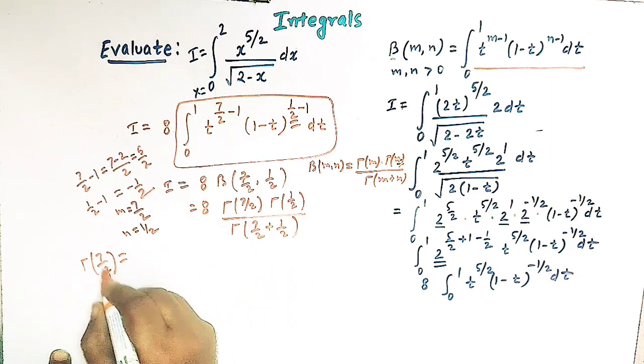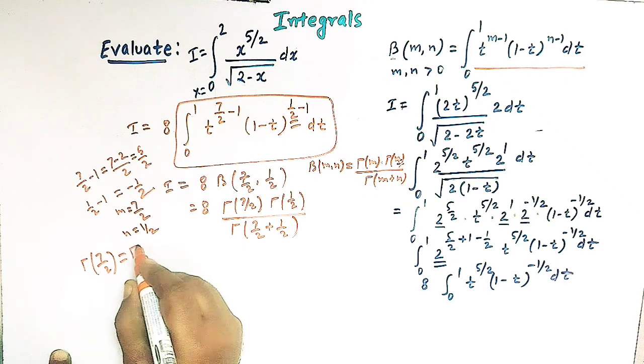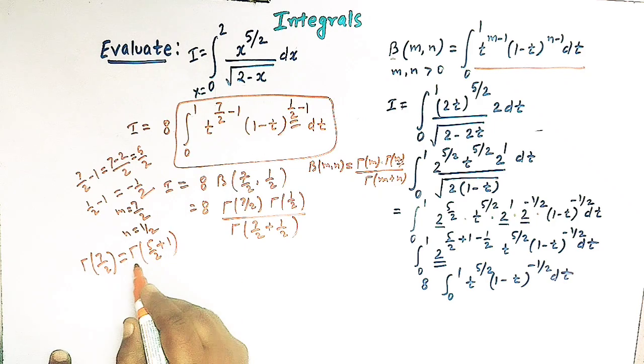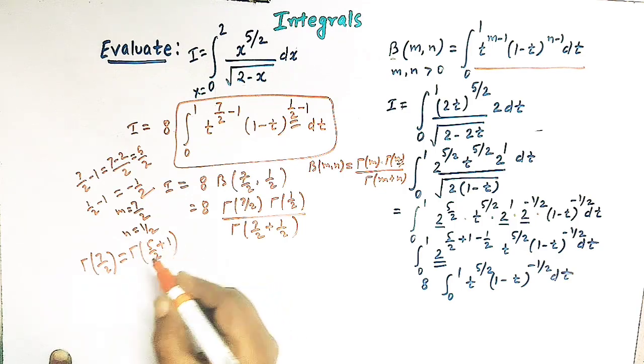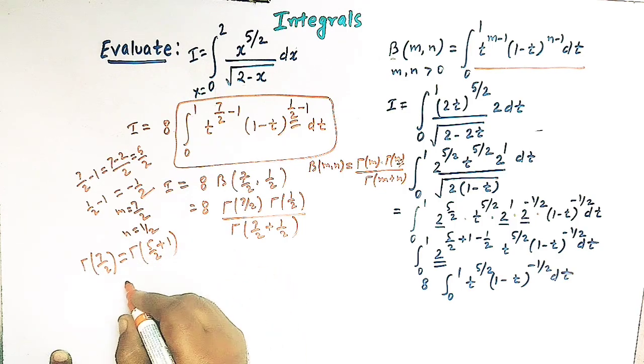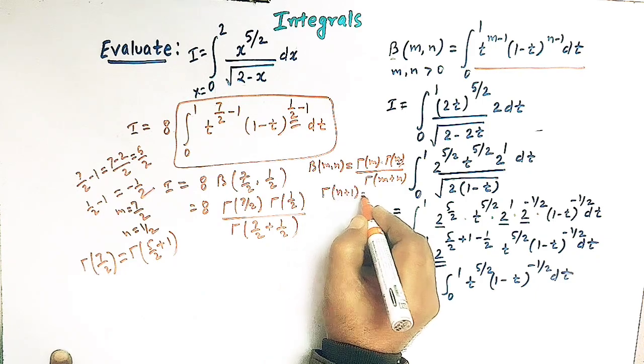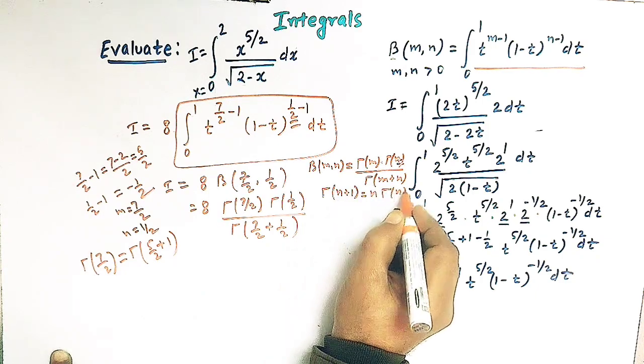Now gamma 7 over 2 can be written as gamma 5 over 2 plus 1. And here we'll make use of an important result, that is gamma n plus 1 is given by n times gamma n.